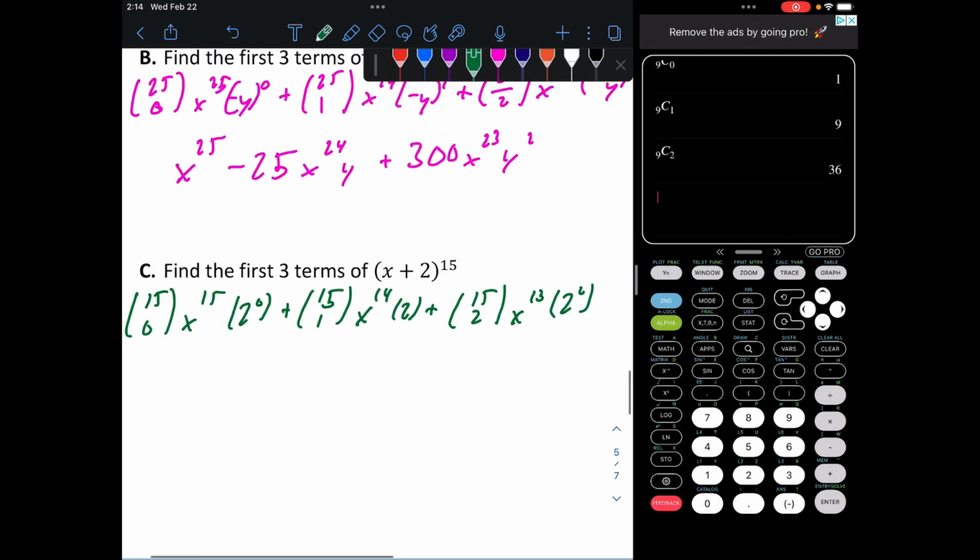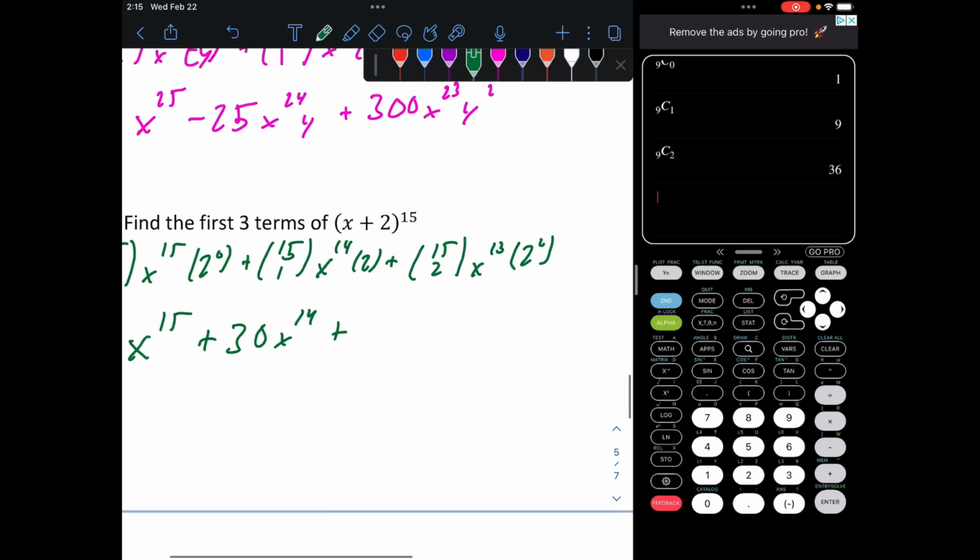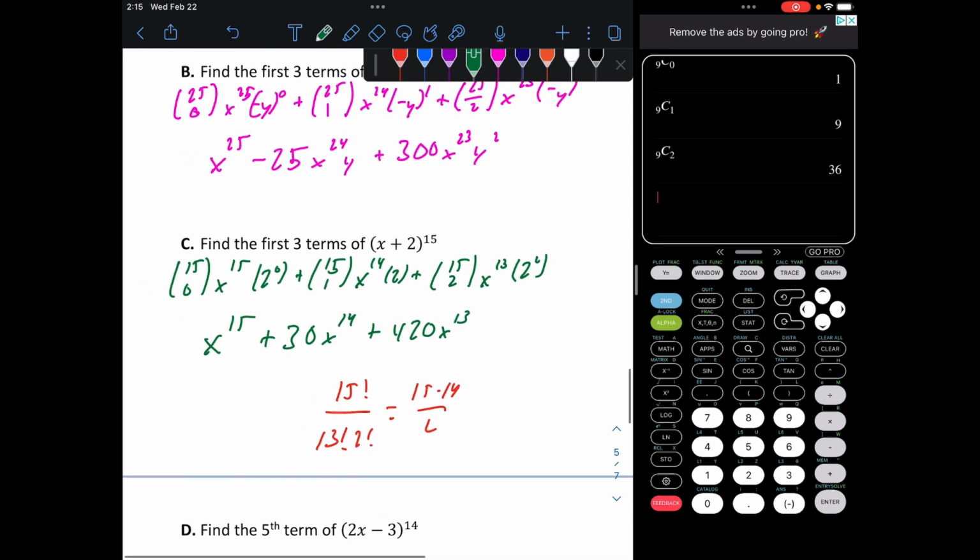So that's just going to be 1 x to the 15th plus 15 times 2, which is 30 x to the 14th, plus, the last one's 15 factorial over 13 factorial 2 factorial, which is 15 times 14 over 2, which is essentially 15 times 7, or 105, times 4, 420 x to the 13th. There's the first 3 terms of that binomial expansion.